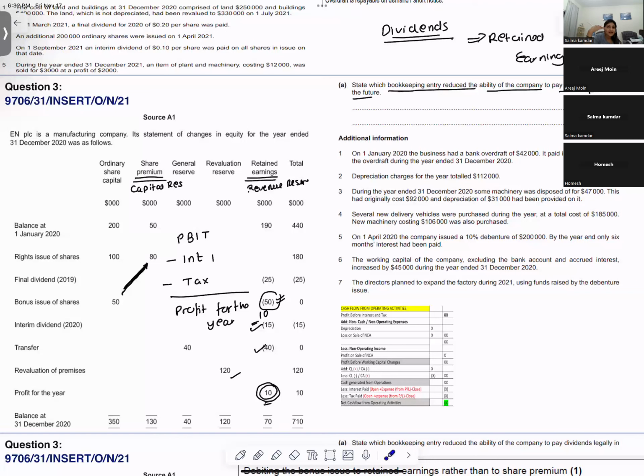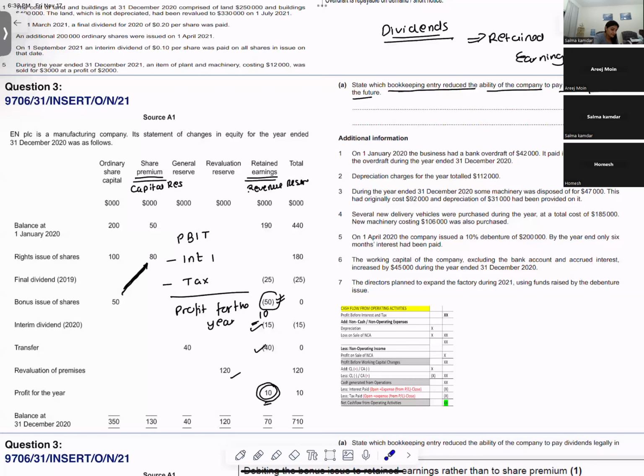If they try to reduce the retained earnings, that means they don't have too much money available to pay dividends. Because if retained earnings reduce, the money available to pay dividend will also reduce. So state which bookkeeping entry has reduced the ability of the company to pay dividends.